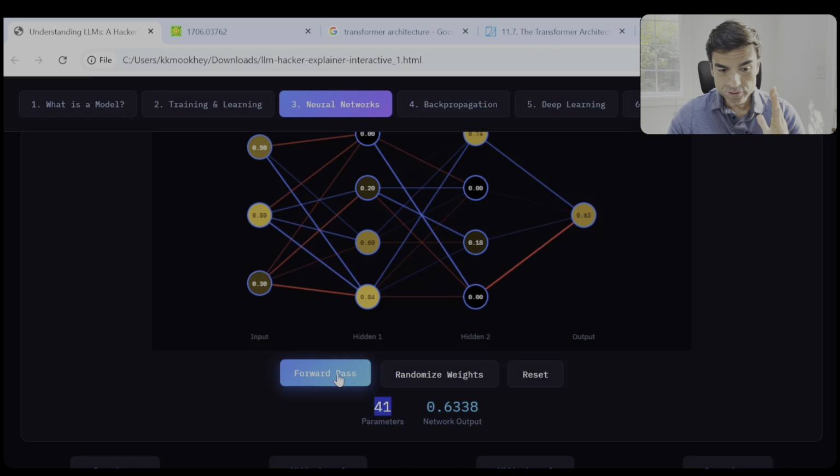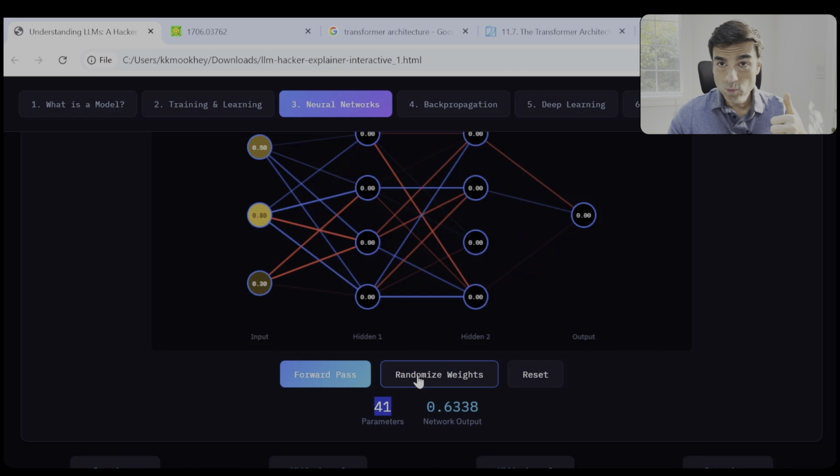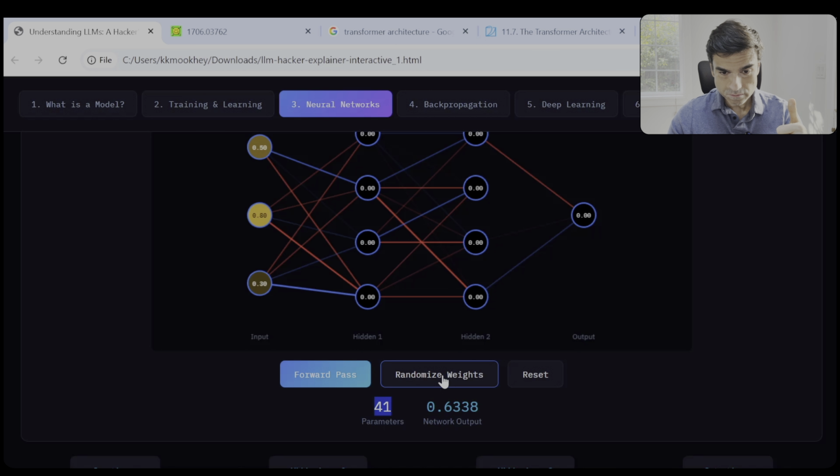And as I pass data through it, I keep getting output, and I keep changing these parameters, the weights between these 2 nodes and the bias value, and I keep generating a different output with changes. Even the smallest neural networks would have 10,000 parameters. GPT-3 has 175 billion parameters. GPT-4 is said to have 1.8 trillion parameters.